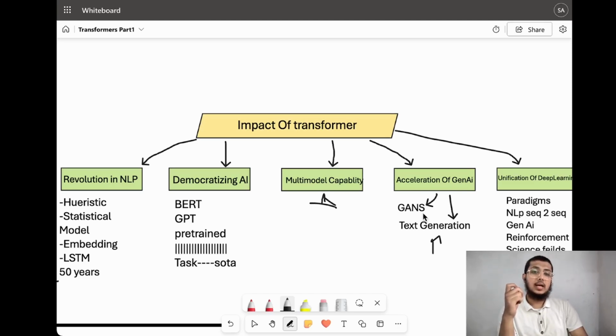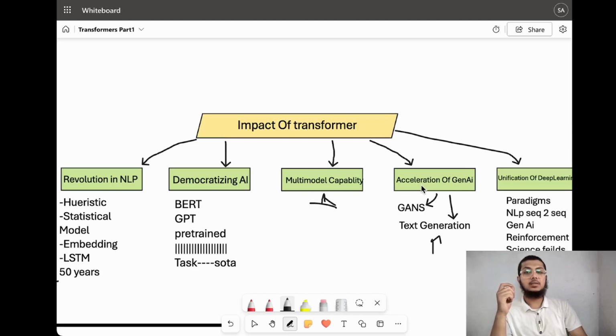Many models had come out, like GANs, generative adversarial networks, with the help of which images, etc., were generated. But many of these things were not industry grade. They could not be converted into products. But since transformers came, they have completely revolutionized the task of text generation.